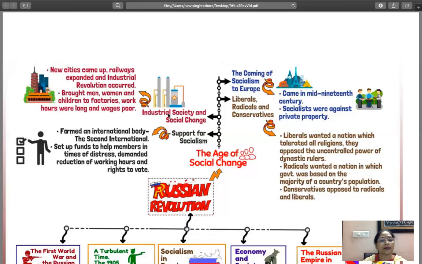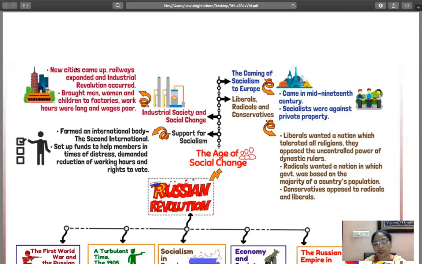It is called the Industrial Revolution because it brought major socio-economic changes within the entire world.